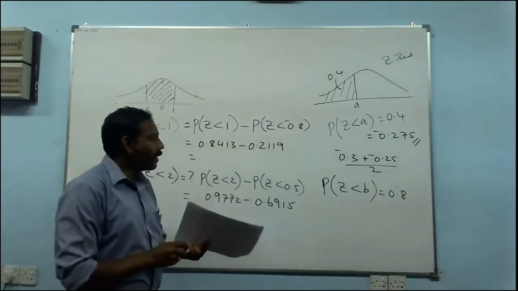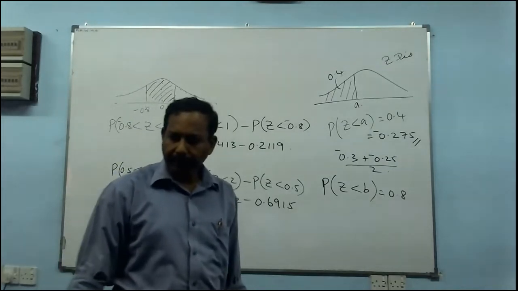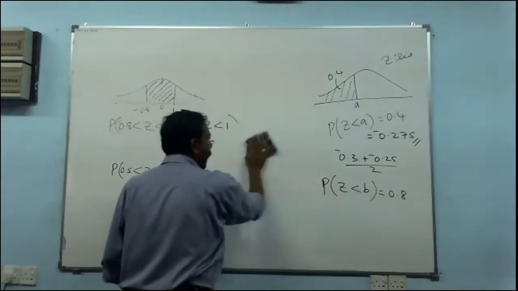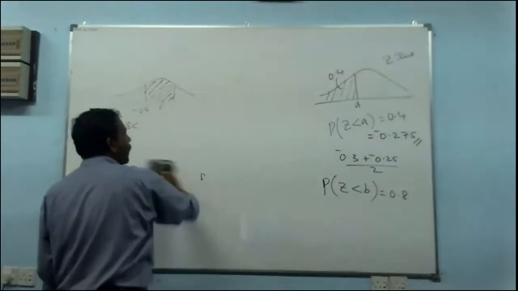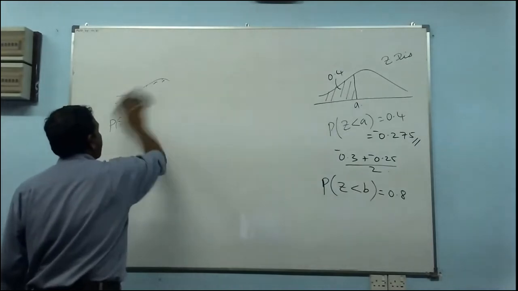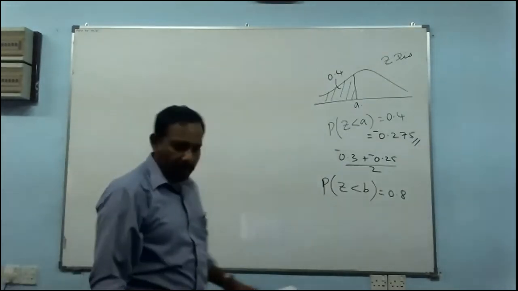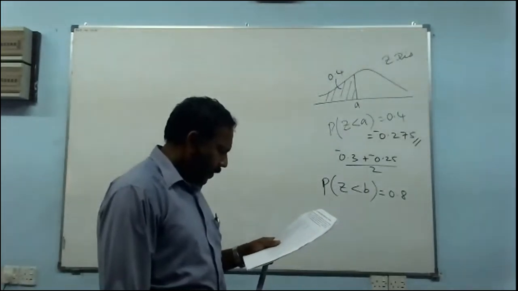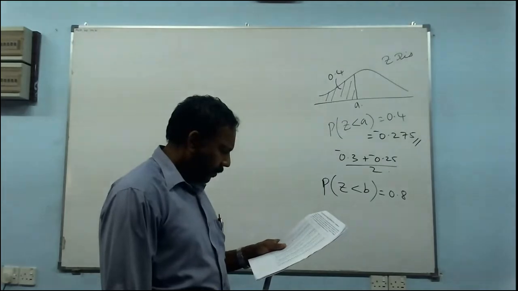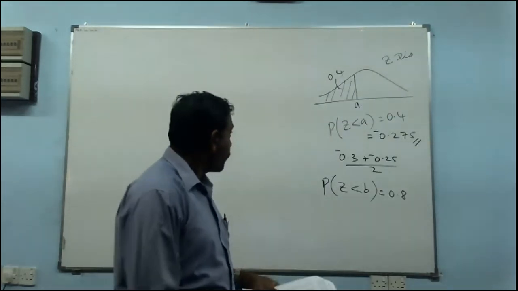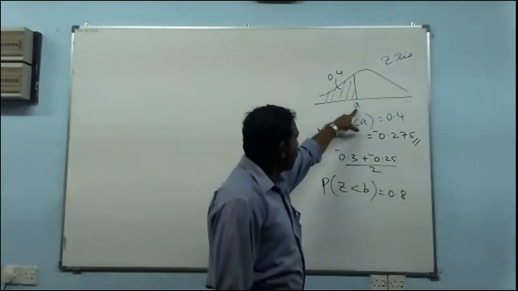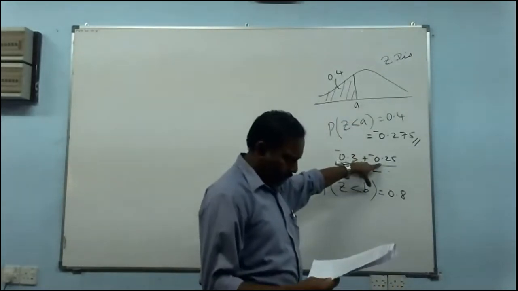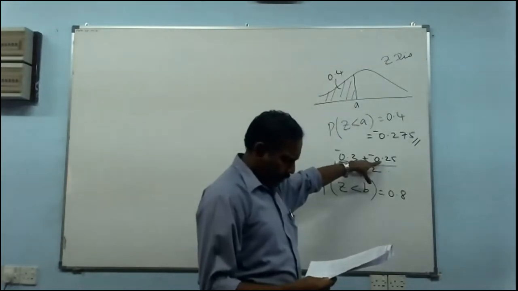Find out that value and tell me. Excuse me, sir. Go ahead. Here minus 0.25 directly gives 0.40, but why do we put that 0.30 also? In this calculation, 0.4 area equals minus 0.25. It gives 0.40 and minus 0.3 gives 0.38.